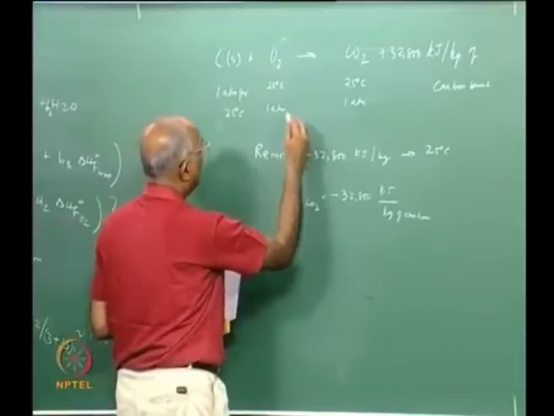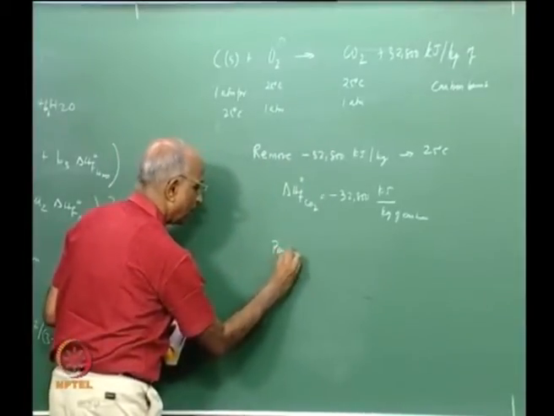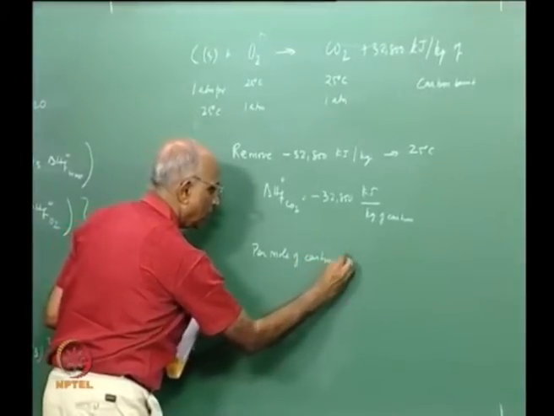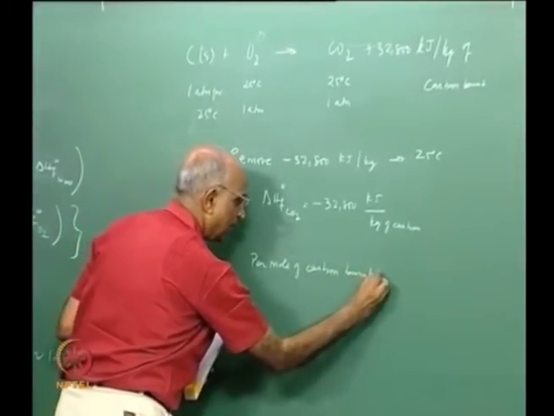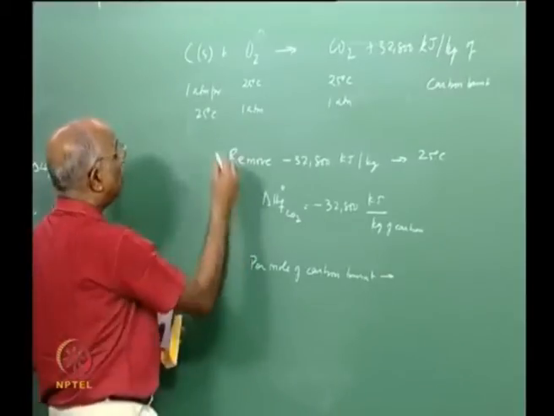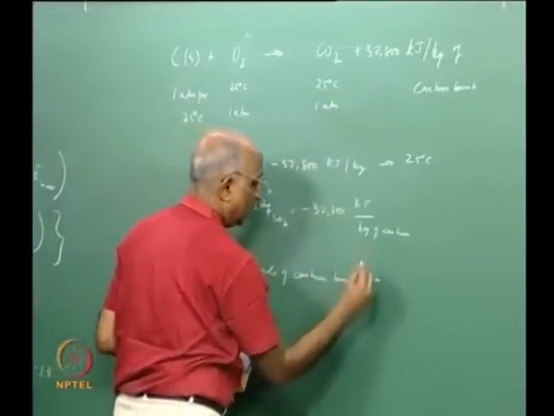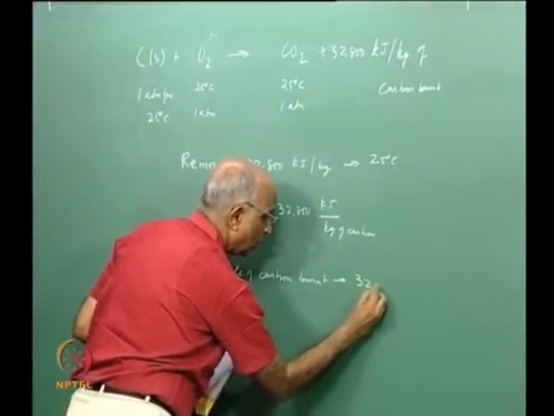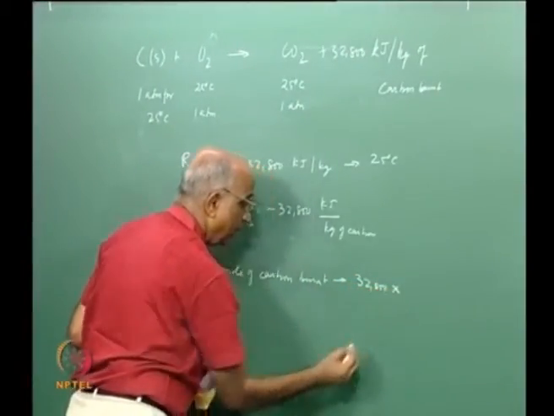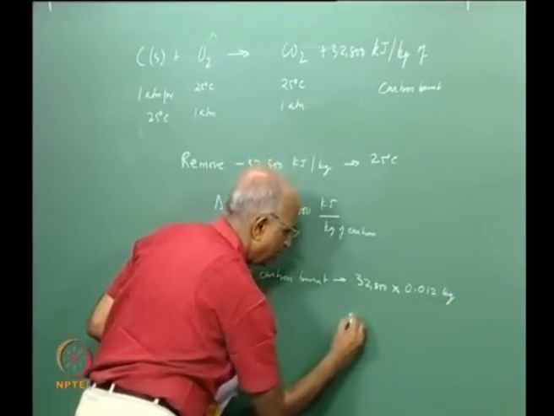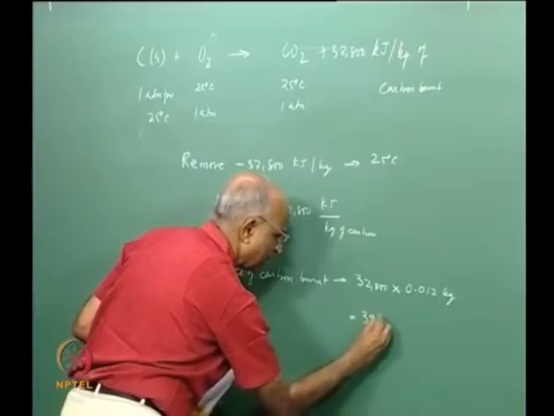What I say is, per mole of carbon, the energy which is released is, since 1 mole of carbon has a mass of 12 grams, the heat release is equal to 32,800 into 0.012 kilogram, which is something like 397.